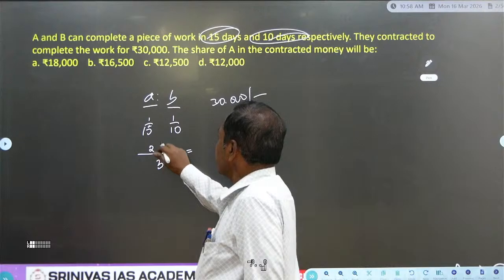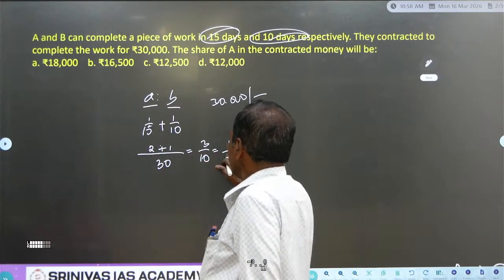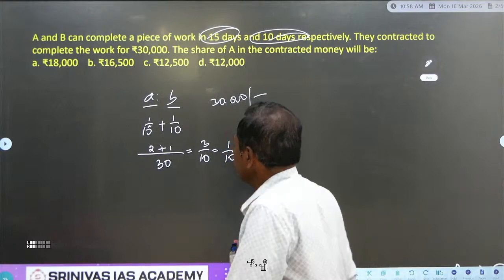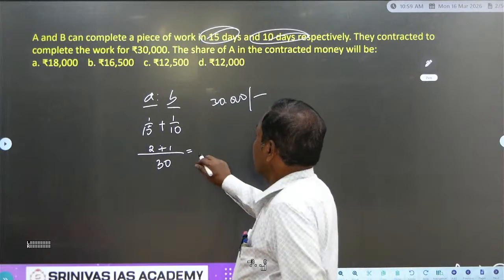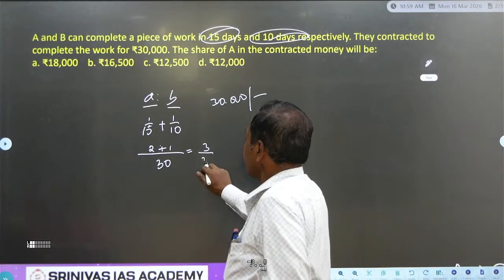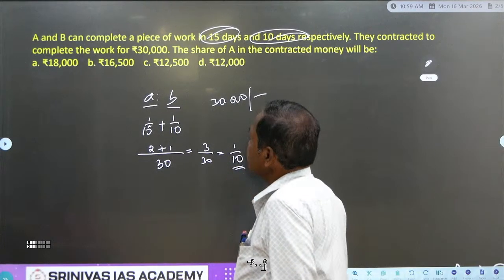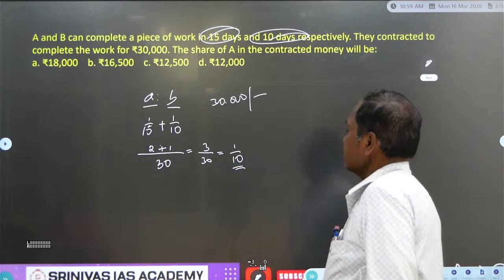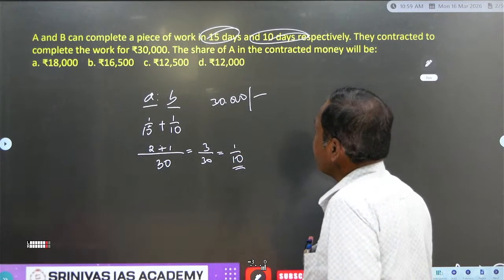It means you can take 2 plus 1. Efficiency of work is required.